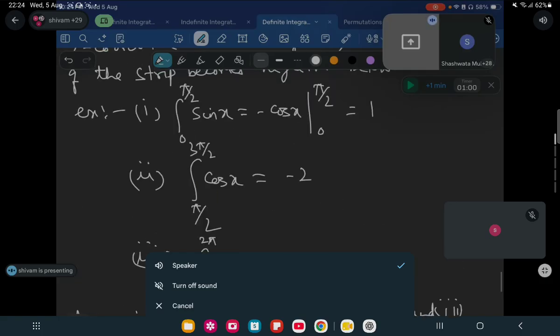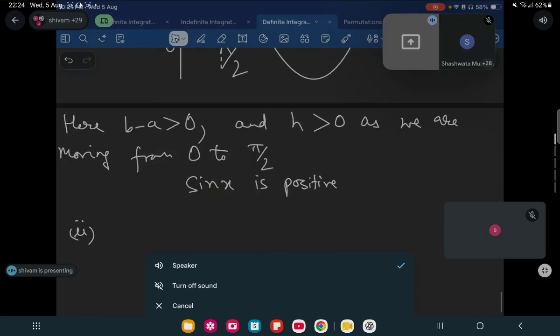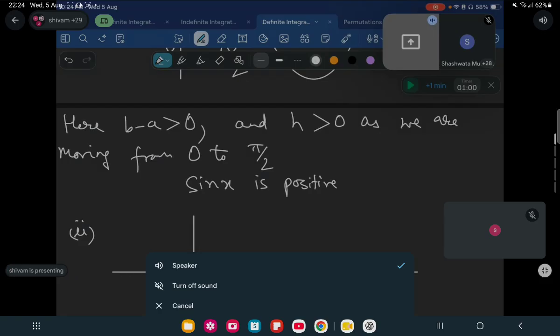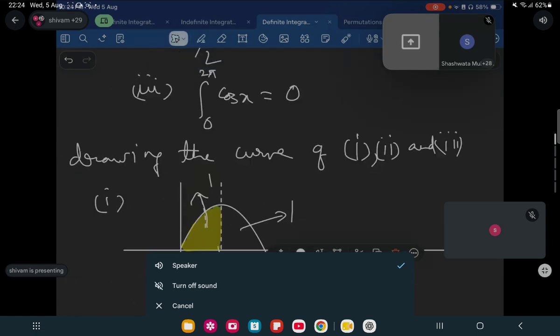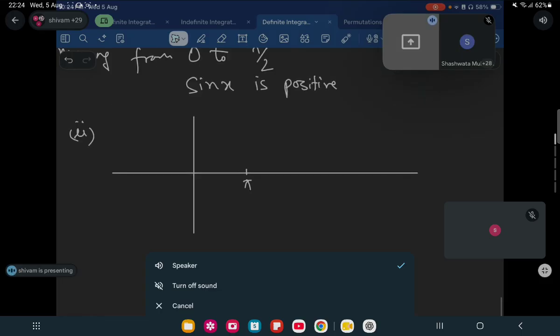Number 2. Let us draw the curve of cos x from pi by 2 to 3 pi by 2. How will cos x look like? Cos pi by 2 is 0. Okay, let me draw the curve. So this is the graph of cos x.